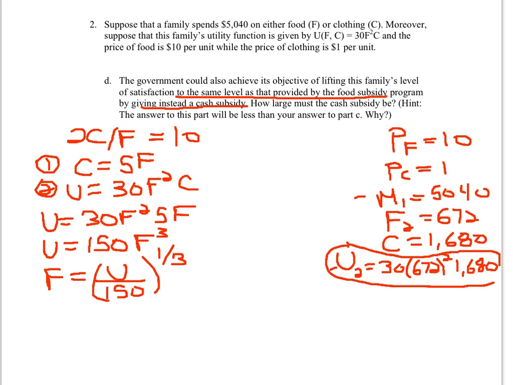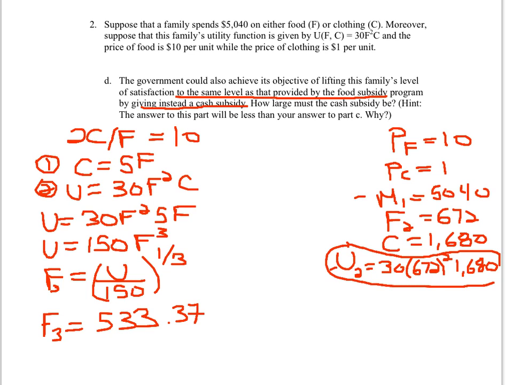Now in order to find the new value of F, let's call that F3, all we need to do is take this big number and replace it for U and solve. Right? You can do that manipulation in your calculator. You're going to end up with F3 equal to 533.37.